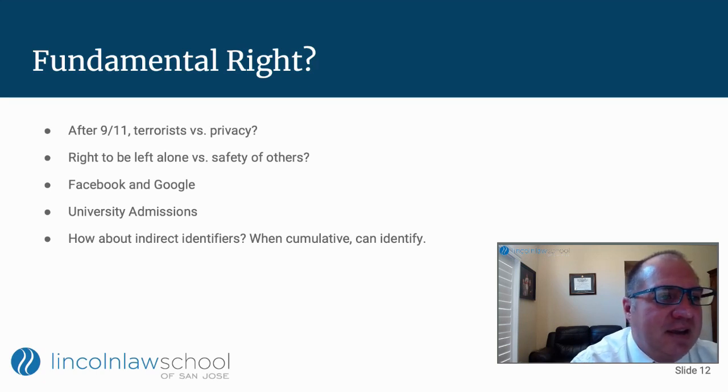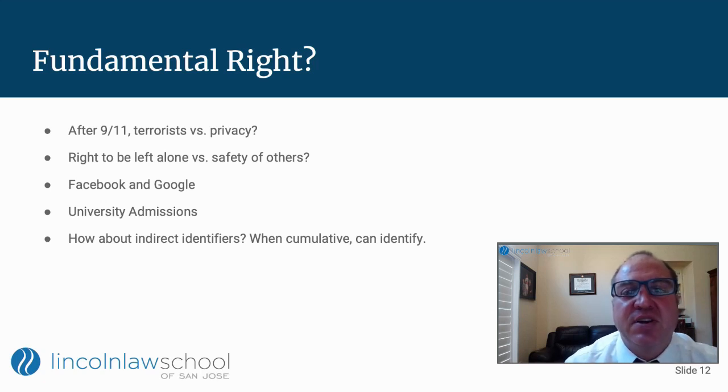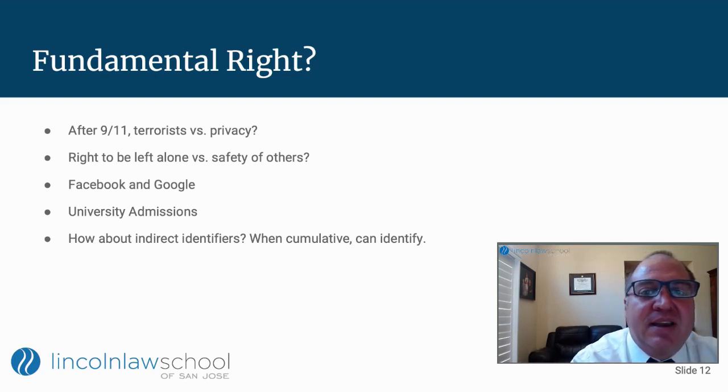And then again, indirect identifiers. We'll get to this next week, but one or two pieces of information, just as a teaser, may not identify a person directly, but you would be surprised what the gender, the zip code, and maybe one other piece of information can lead to in identifying persons.